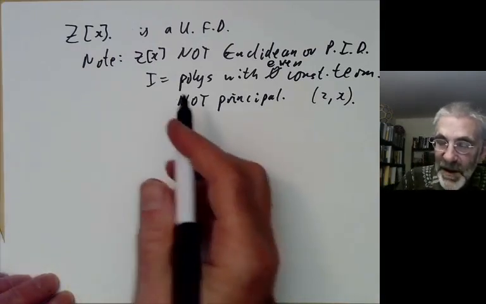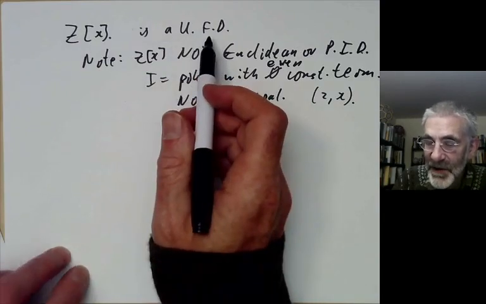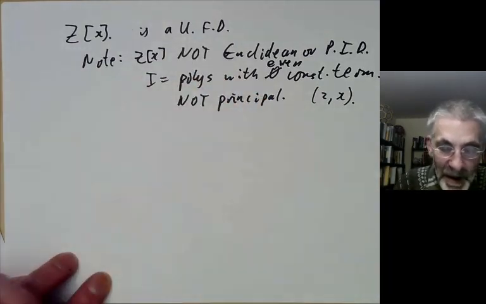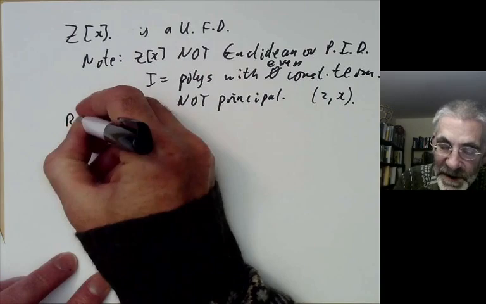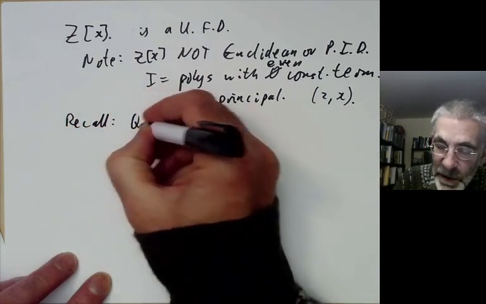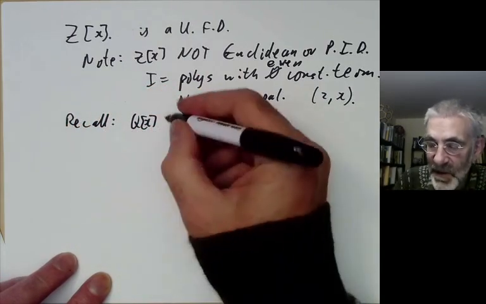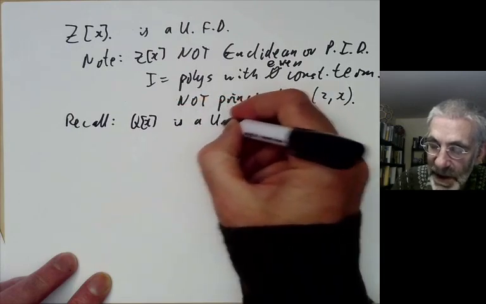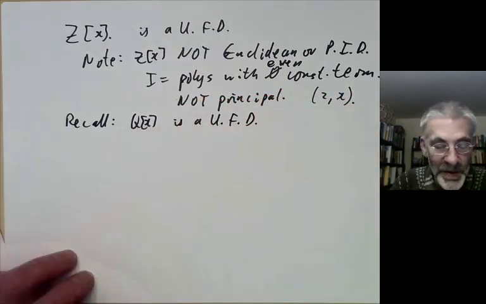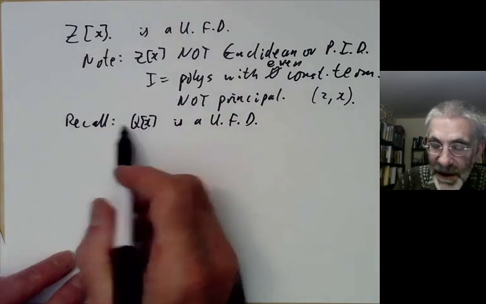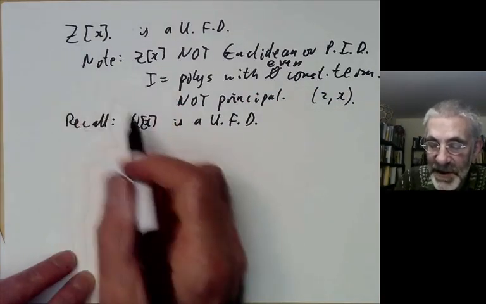So we want to show that it's still a unique factorization domain. Well, we first recall that Q[x], where Q is the rational numbers, is a unique factorization domain because Q is a field. And we want to kind of reduce Z[x] to Q[x].